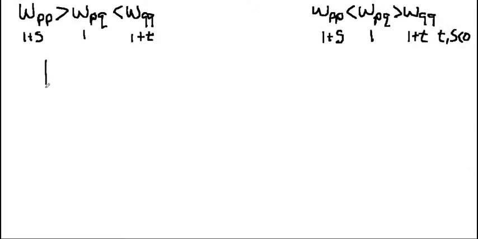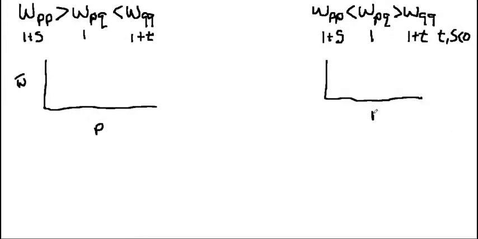So if we think of our graph here, of what the frequency of the A1 allele is relative to the average fitness we see in the population for both of these situations, well, we know that P has to be between 0 and 1.